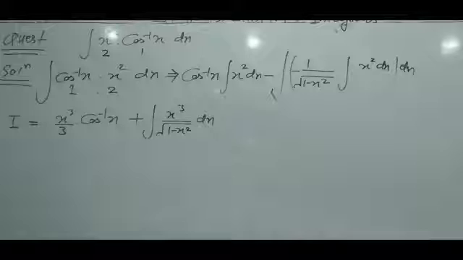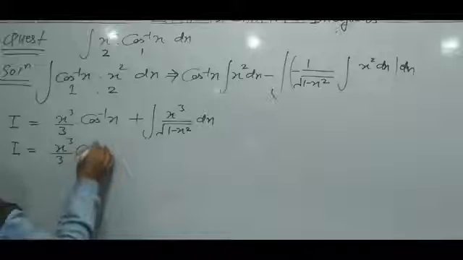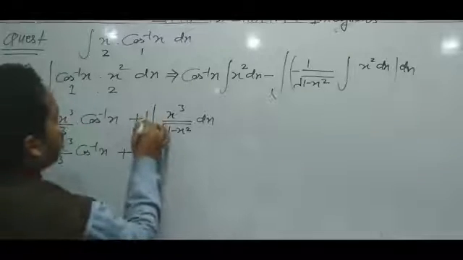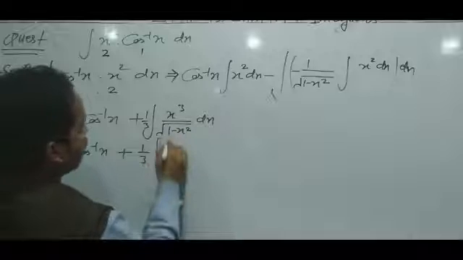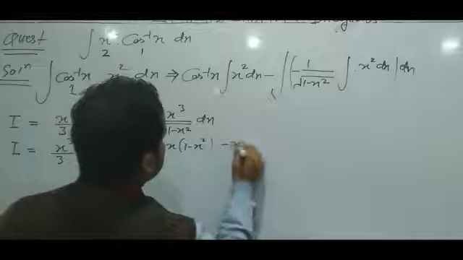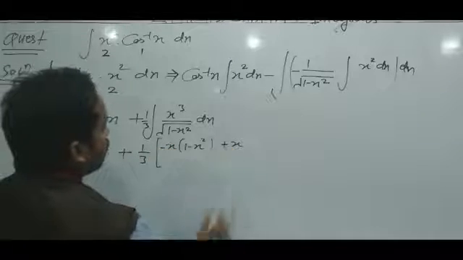Now how can we solve this? So this expression we can write I is equal to x cube by 3 cos inverse x plus 1 by 3, and this one we can write x in bracket 1 minus x square, and now plus this is minus x.